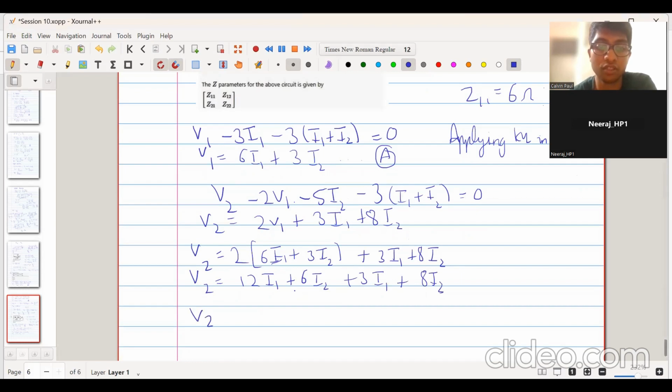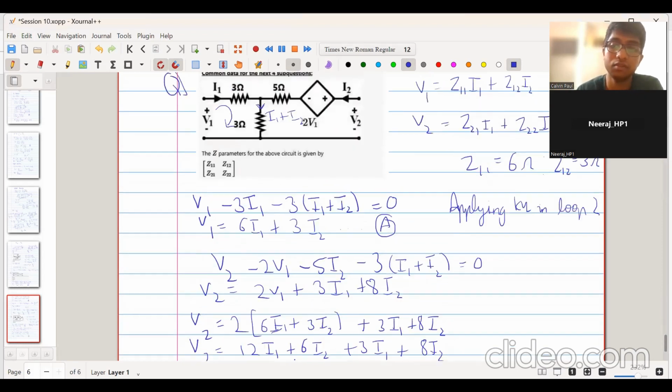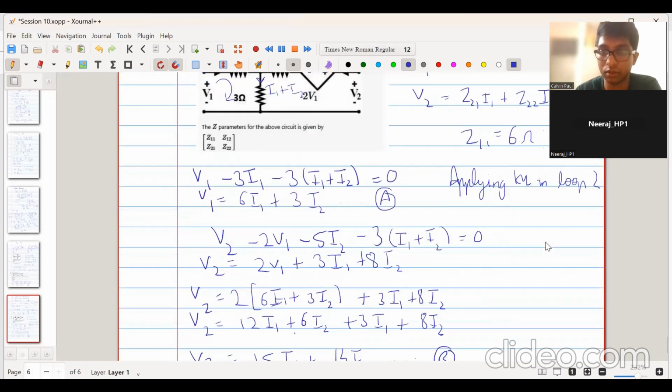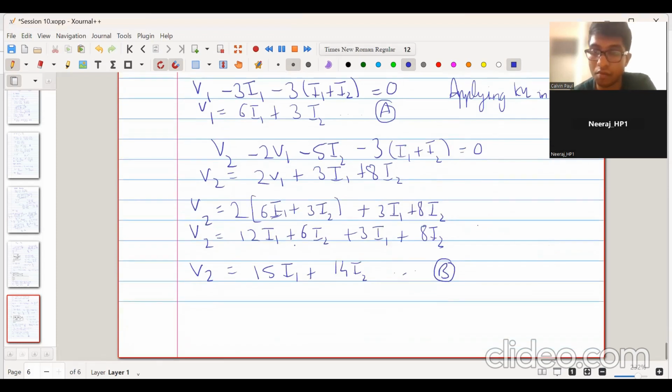So we get V2 to be equal to 15 into I1 plus 14 into I2. This is equation B. When we compare this equation with V2 is equal to Z21 I1 plus Z22 I2, we get Z21 to be equal to 15 ohm and Z22 to be equal to 14 ohm.